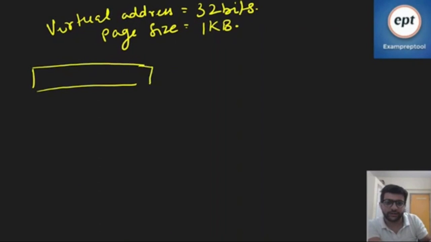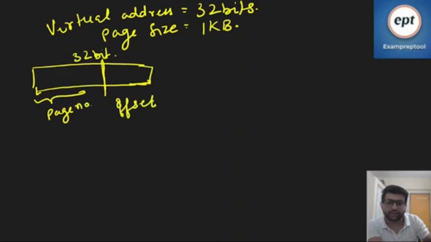So we have been given a 32-bit virtual address, right? Out of this 32-bit virtual address, let's say this is our page number and this is our offset, right? So 1 KB is equal to how many bytes?